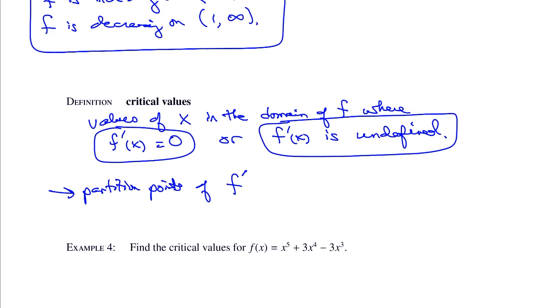And we also have to use points outside of the domain of f. Actually, I think we should technically say these are partition points of just f. So that way we don't get in trouble with the second derivative. Yeah. Just change this to an f instead of f prime.